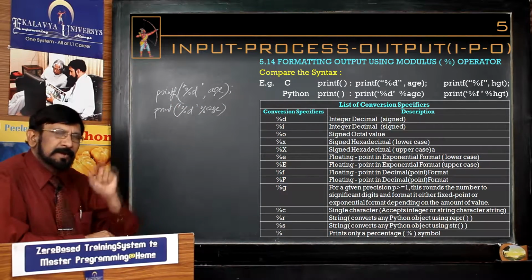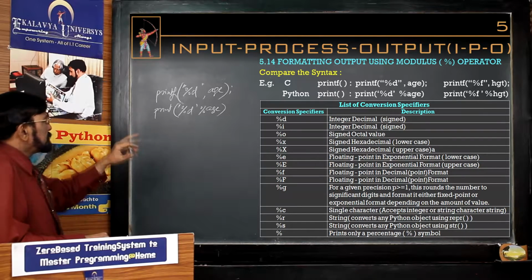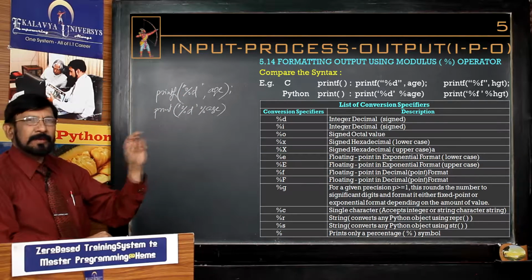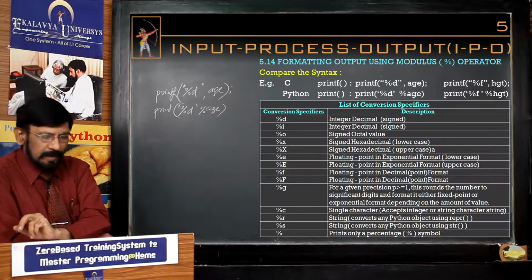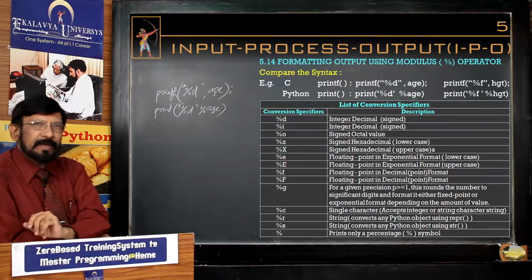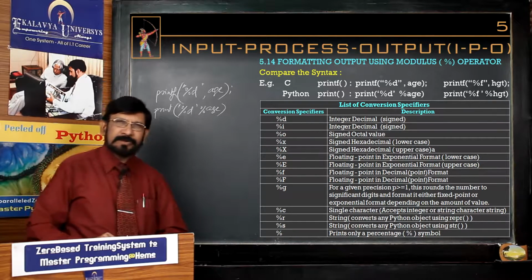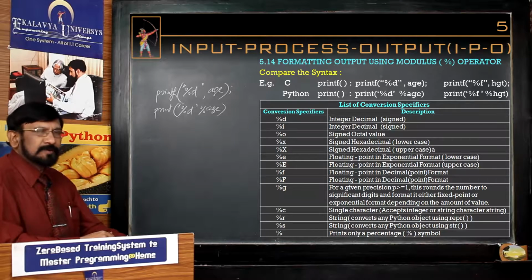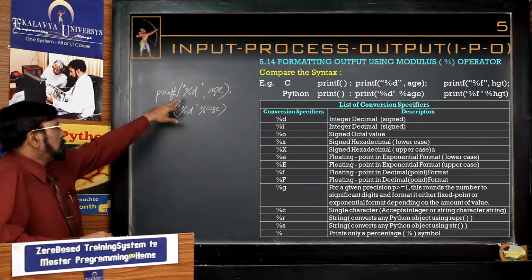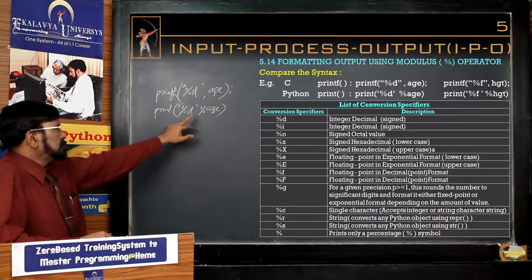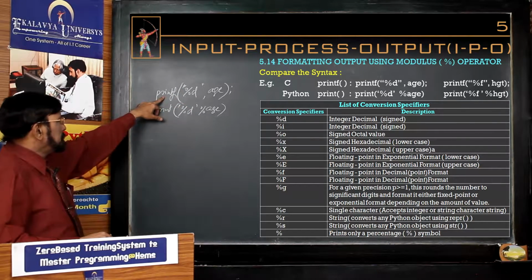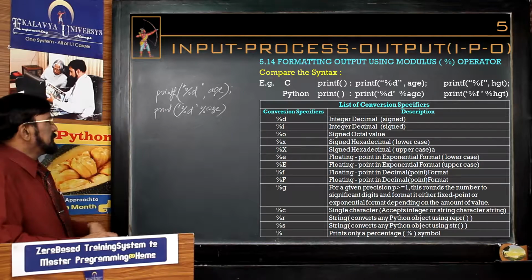For each data type, one specific conversion specifier is provided, and %d represents a signed integer. Of course, in Python unsigned is not there, so you do not bother about it. Thereafter, %i also represents that, but %d is the most popular one, and that is why we use it. Now you see the similarity between C printf and Python print.